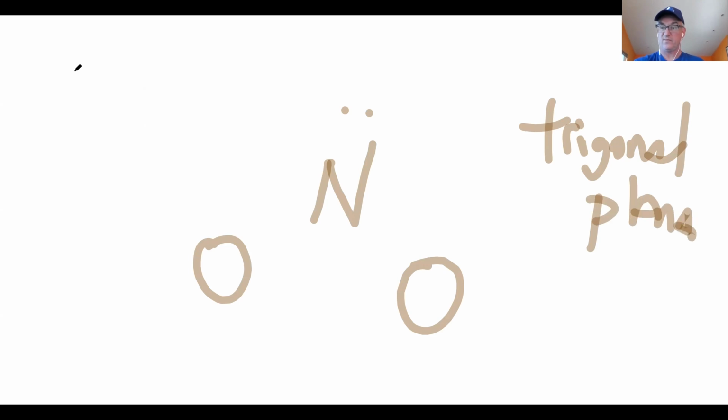So if I was to draw the shape of it, I say it's in the trigonal planar group, but that's not the shape of the molecule. That's different. It's in this group. But remember, the shape of the molecule only considers the atoms, just the atoms.